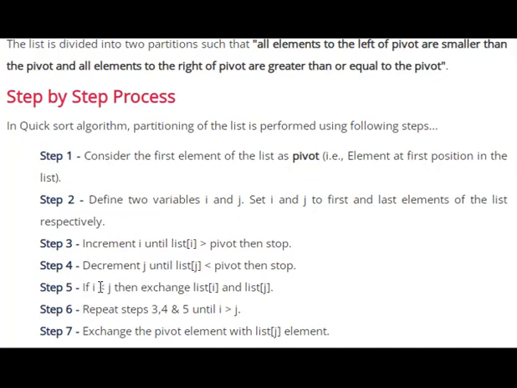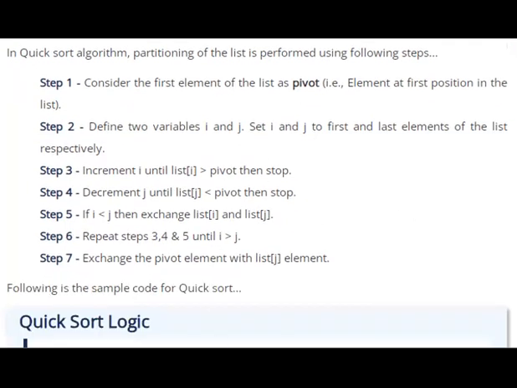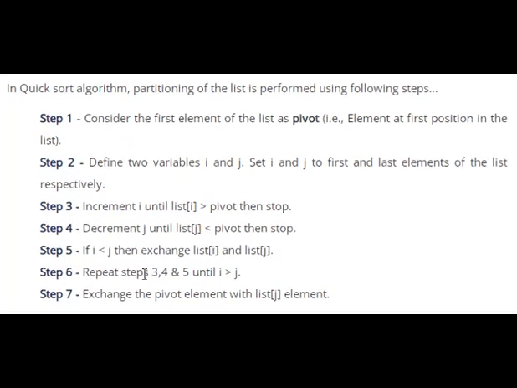So if i is less than j, the two elements are swapped. Then repeat steps 3, 4 and 5 until i is greater than j.